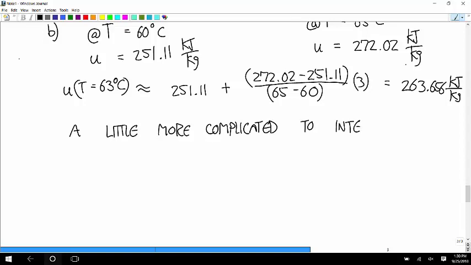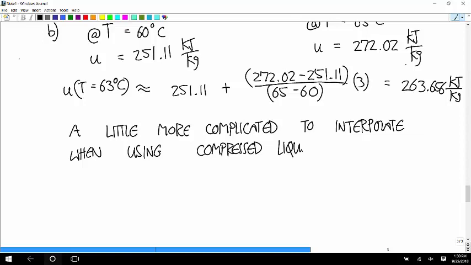Interpolate when you're using the compressed liquid or superheated vapor tables.